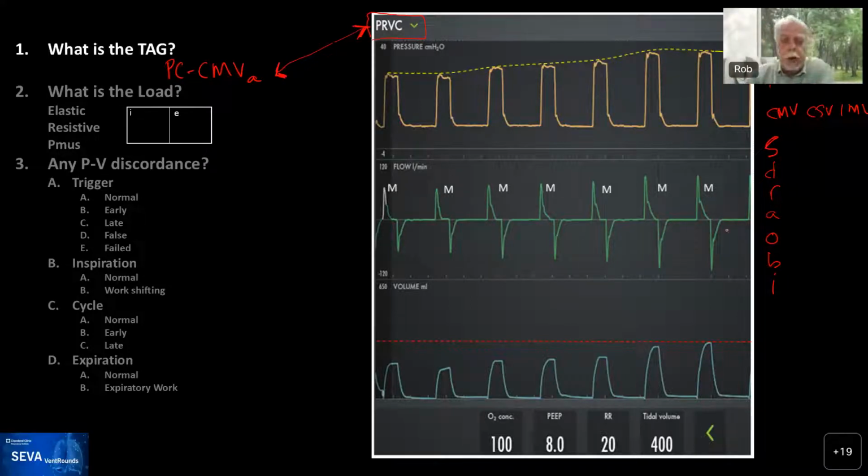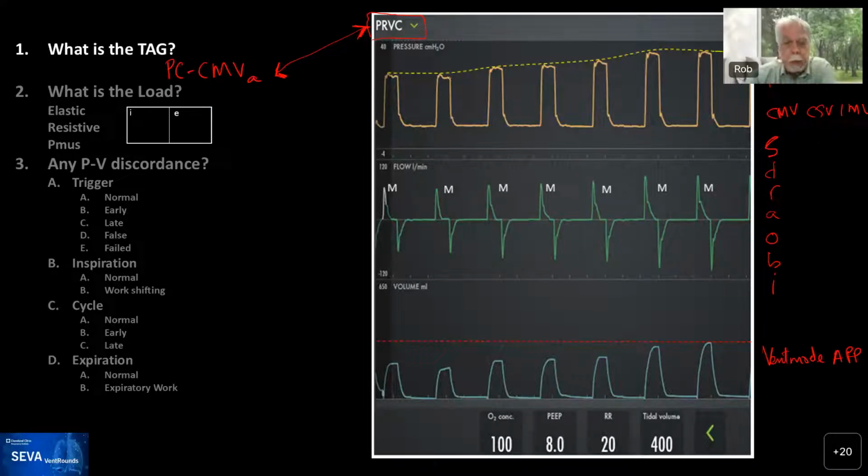But if you want to derive it from the waveforms, the first thing you want to do is look at the flow waveform, and we see it does not have a square or triangular shape. It has an exponential decay shape, so that clues us that it's pressure control. We look up at the pressure waveform and we see, yes, indeed, we have essentially a constant inspiratory pressure target.